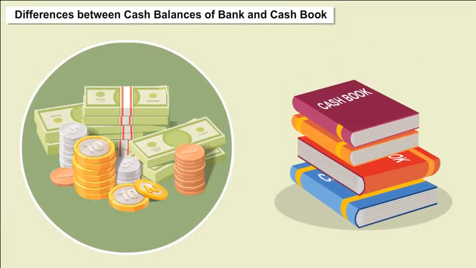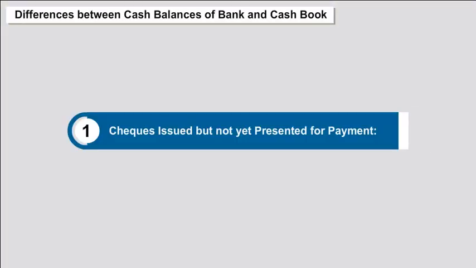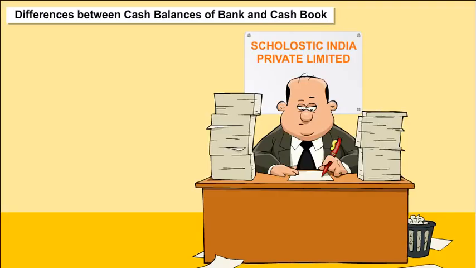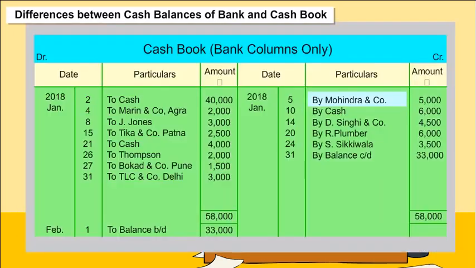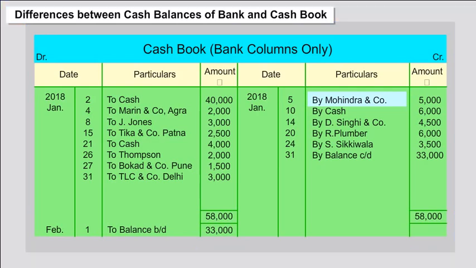Differences between cash balances of bank and cash book. 1. Checks issued but not yet presented for payment. When the trader issues a check to a third party for payment, he records that amount on the credit side of the cash book in the bank column.